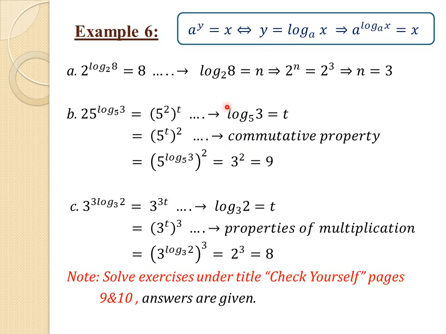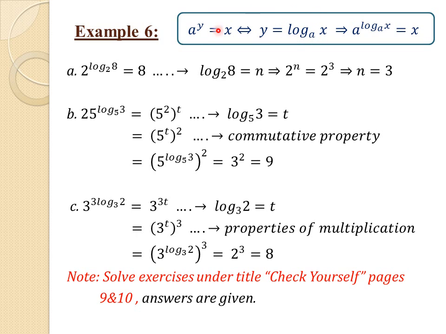Now on example 6, we also have our fundamental identity. We cannot leave it, but we will reach a new relation which is already found here, saying that a power y equals x if and only if y equals logarithm x to base a. So if we replace this value y by this value, what equals it?